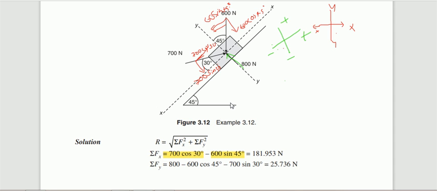Including the resolved vertical components, there are 3: 600 cos 45, 700 sin 30 and 800. All are vertical. 800 is moving upward, therefore positive, and the remaining are moving downward, therefore negative. Consider this and by simplifying you will get the value.